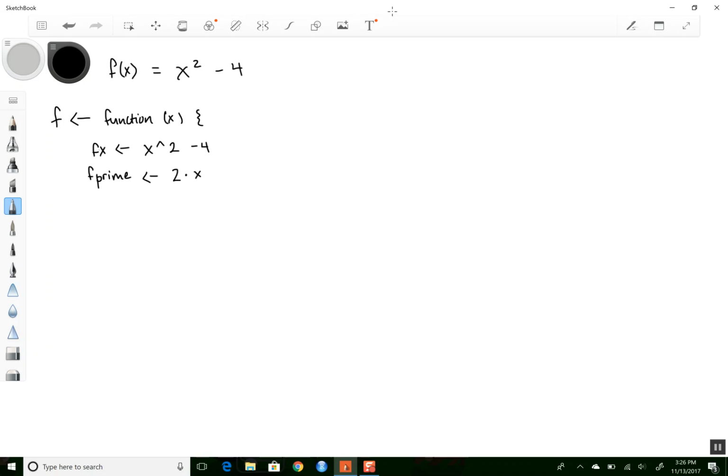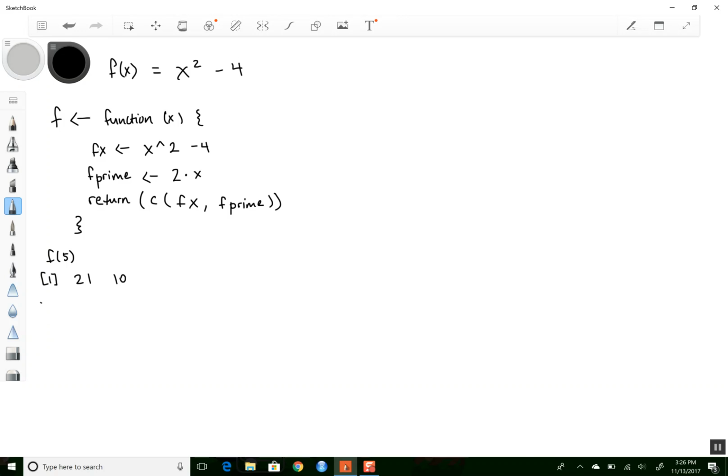And what we return will be these two put together, f of x and f prime. Therefore, if I plug in f at 5, it will return a vector of 21 and 10.